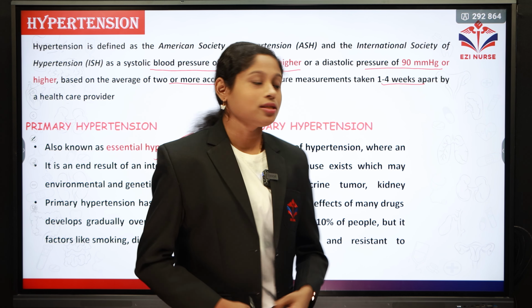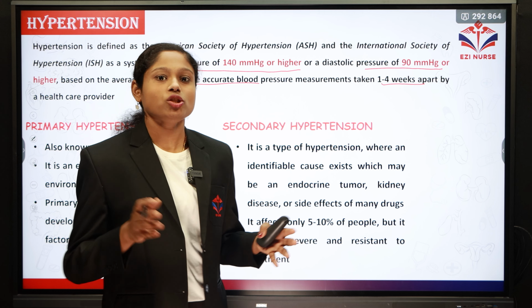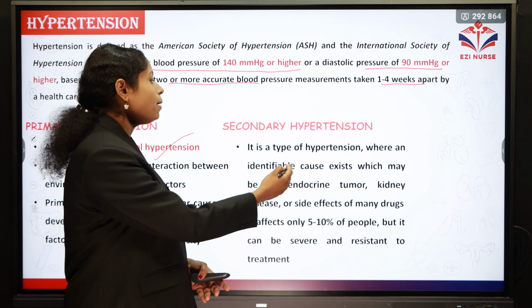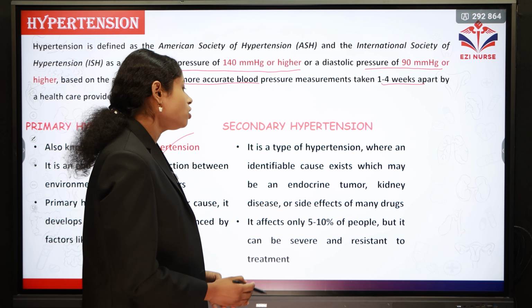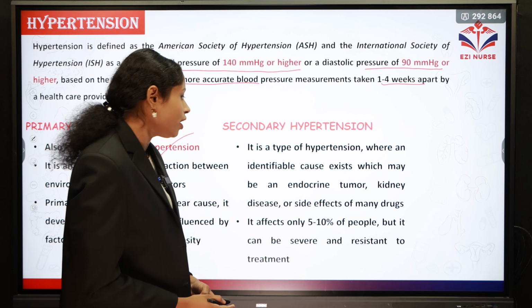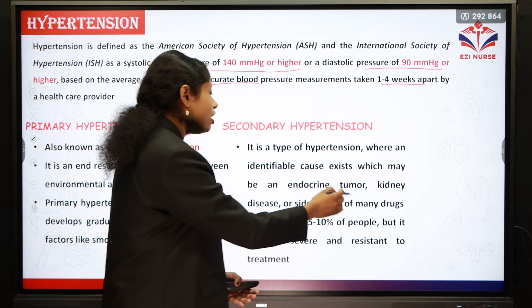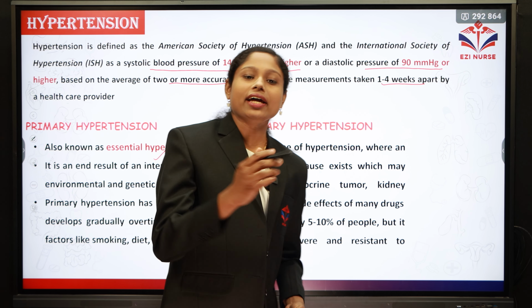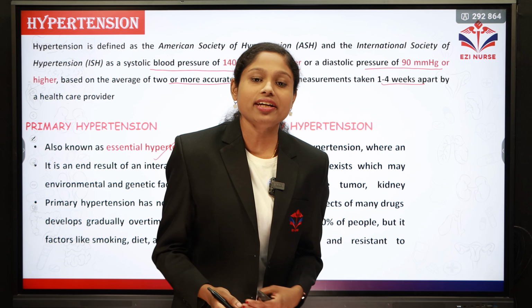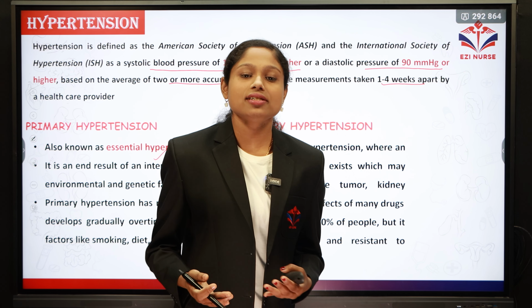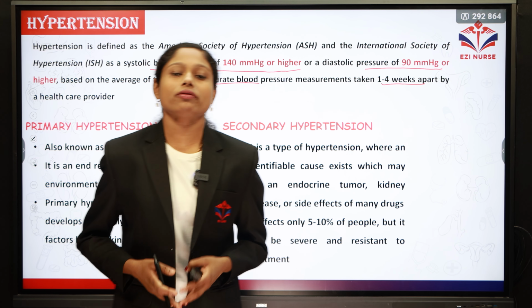Now, let's discuss secondary hypertension. So, what is secondary hypertension? It's a type of hypertension where an identifiable cause exists, which can be an endocrine tumor, kidney disease or side effects of many drugs. So, here we can identify the exact cause. It is secondary to some diseases or secondary to the effect of some drugs.